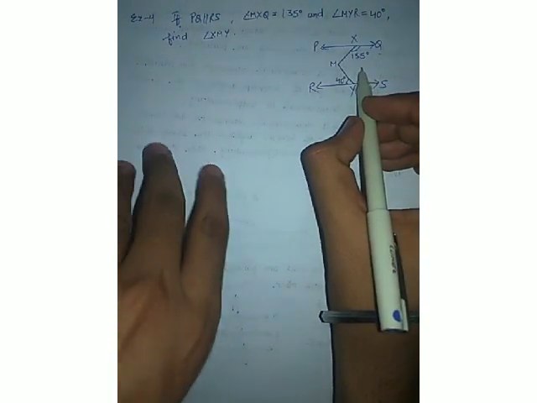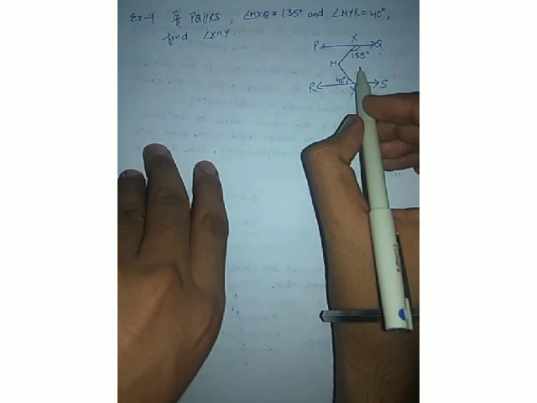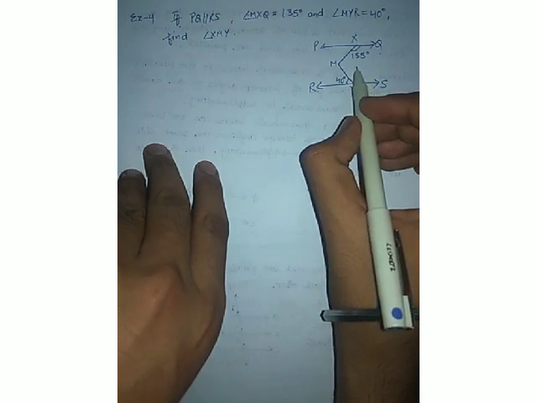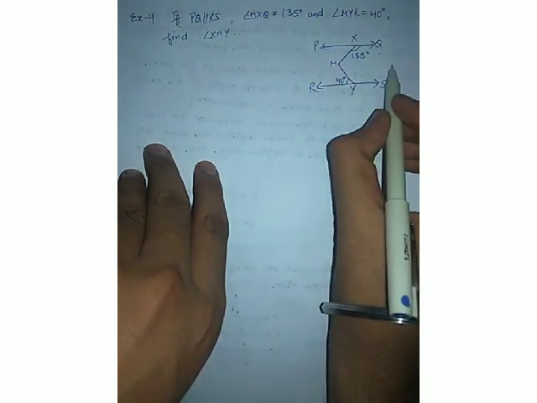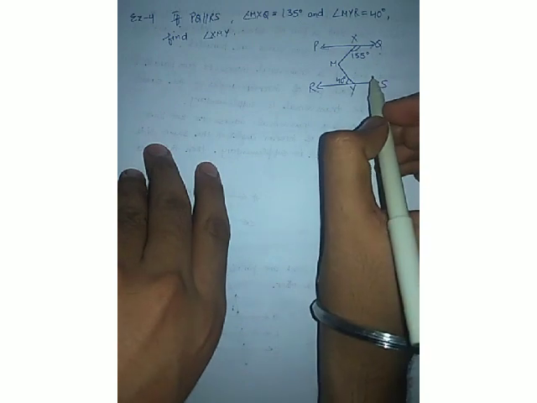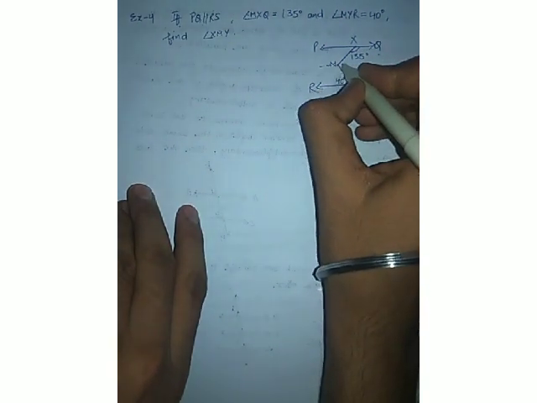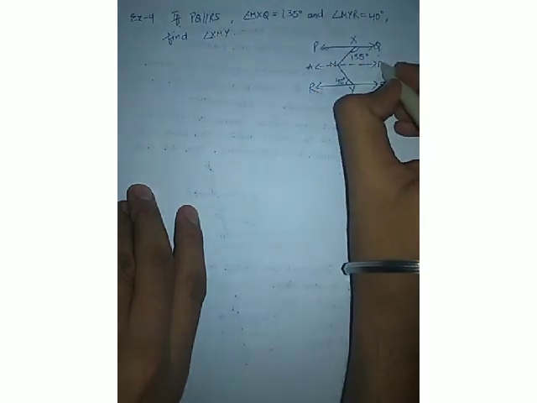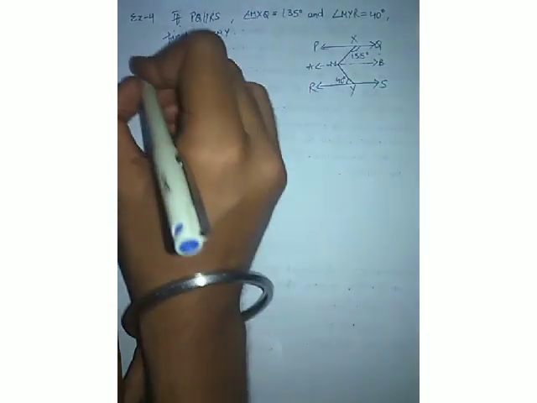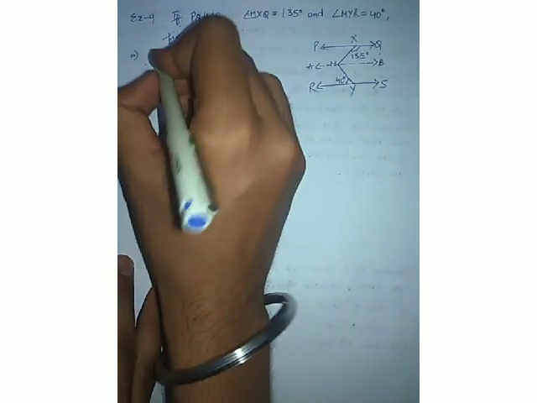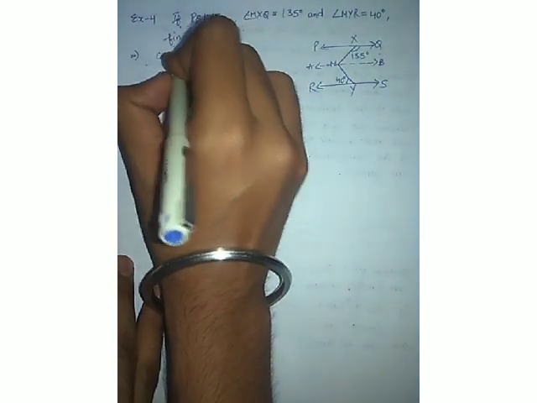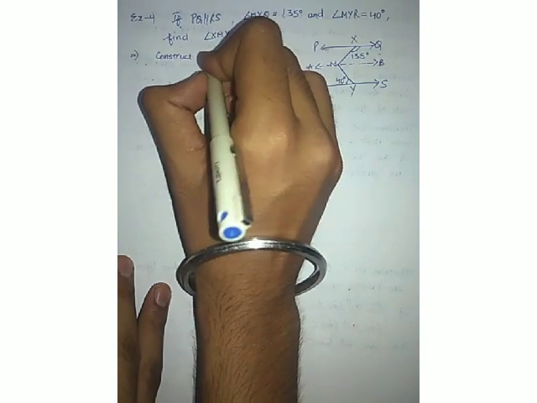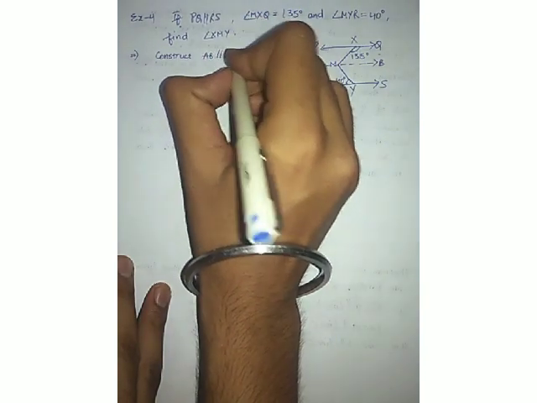In order to apply any principle that we have studied regarding parallel lines or transversals, we have to draw a parallel line. We have to construct it ourselves, just like in the last example of the previous exercise 6.1. So we'll do a little bit of construction here. We will draw a line, for example AB, and write that we construct AB parallel to PQ.